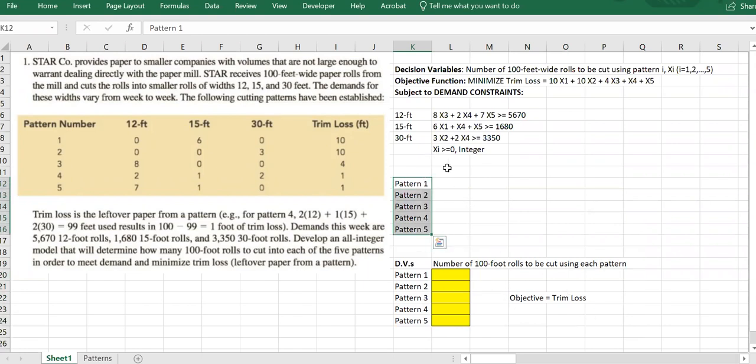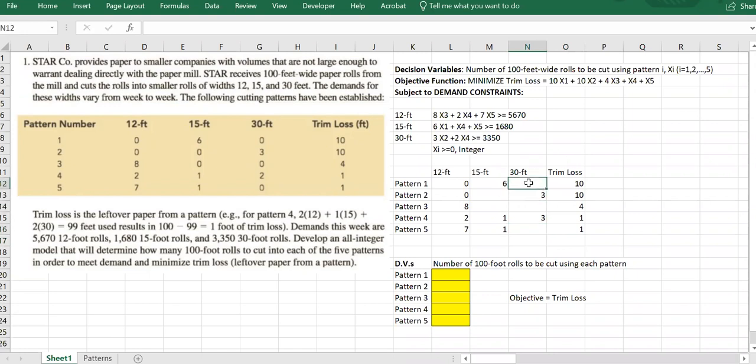I'm going to use some product function that'll make it a little faster. So 12 feet, 15, and 30, and then trim loss: 0, 0, 8, 2, 7. 6, 0, 0, 1, 1. 30 feet is going to be 0, 3, 0, 2, 0, and trim loss is going to be 10, 10, 4, 1, 1.